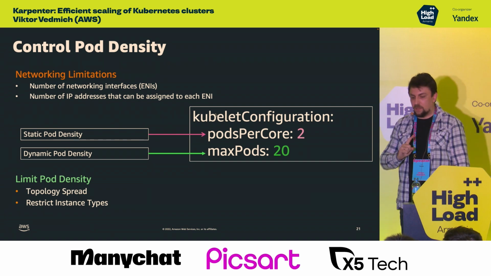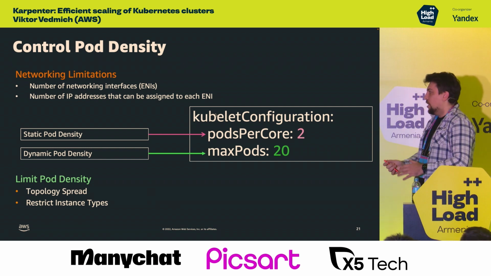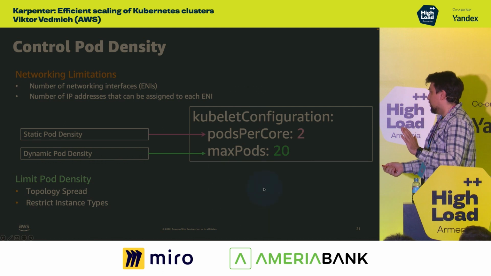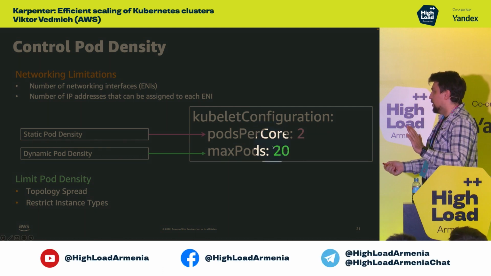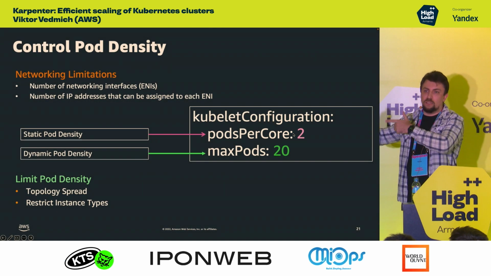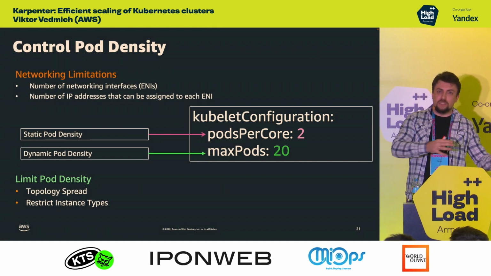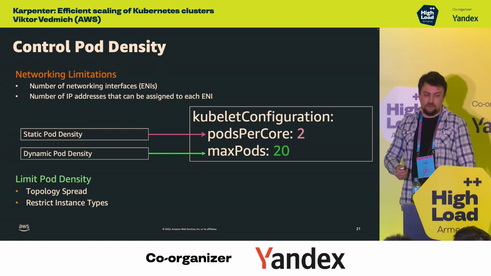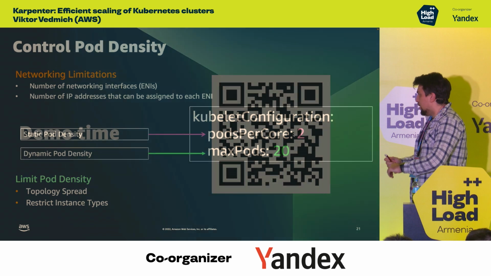The first option is static. I can say I want a maximum of 20 pods per node, or, depending on the cores, for every core please add 2 additional pods. For example, if I run 16 CPUs, I will be able to run 32 pods inside my node.